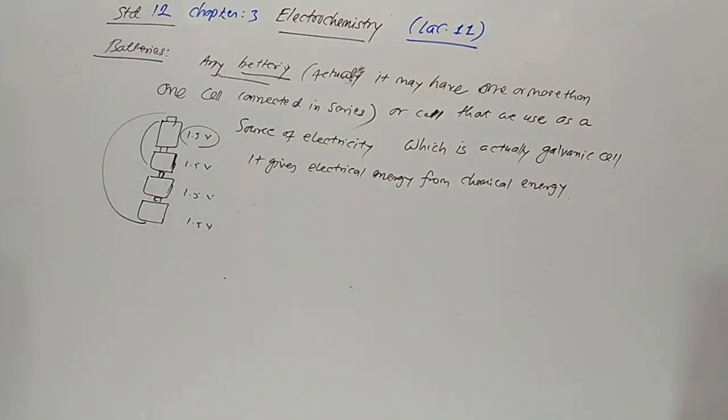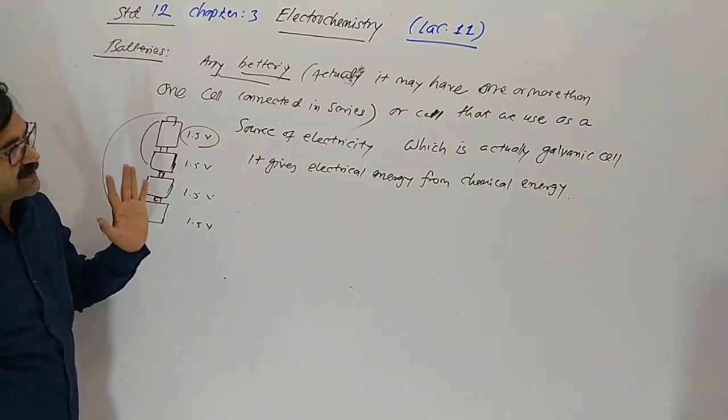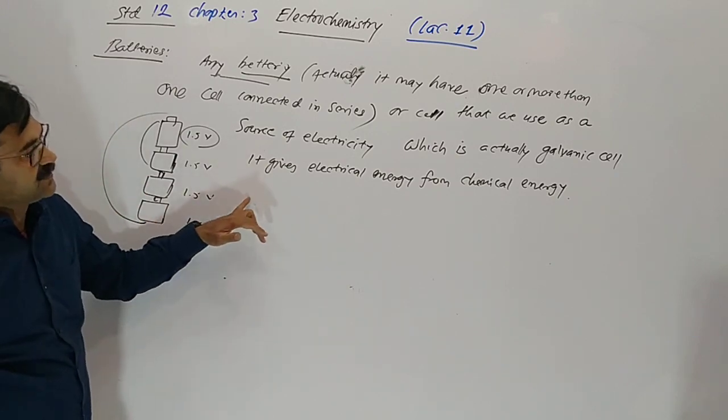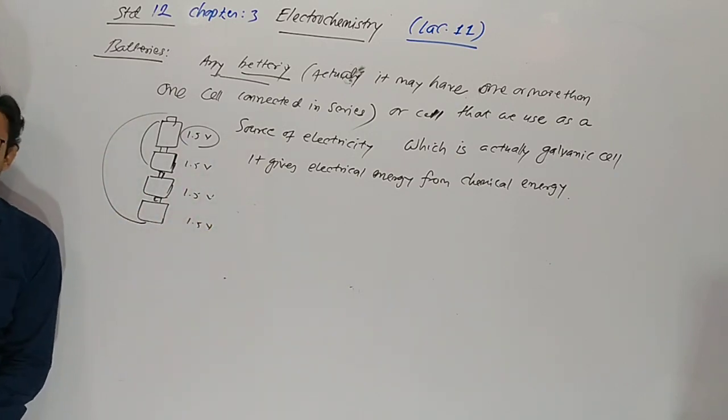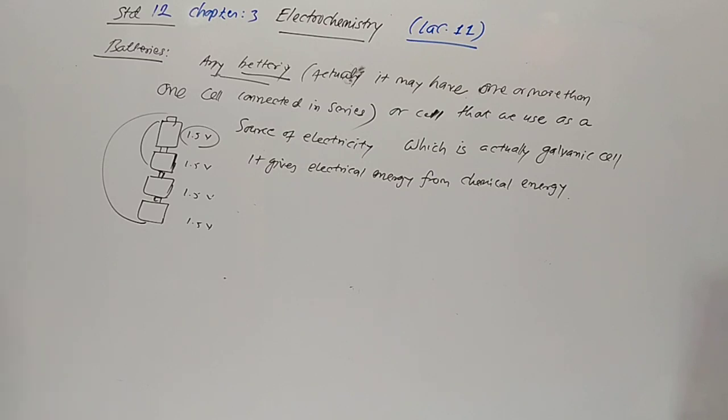So every battery we are using is actually one of the forms of galvanic cell. Galvanic cell always gives electrical energy from chemical energy.